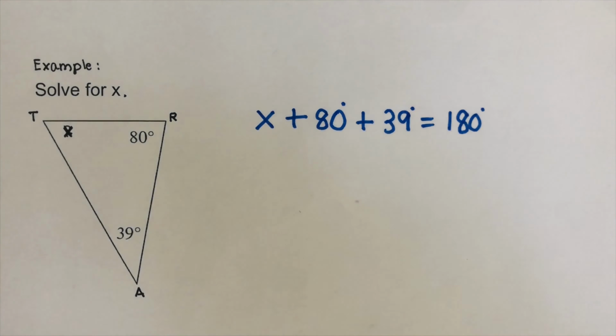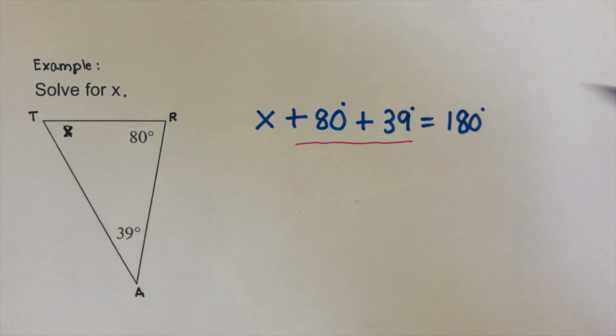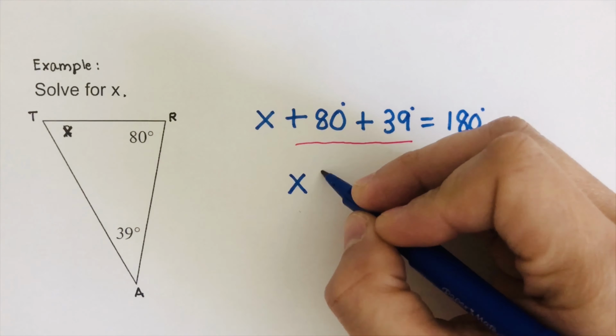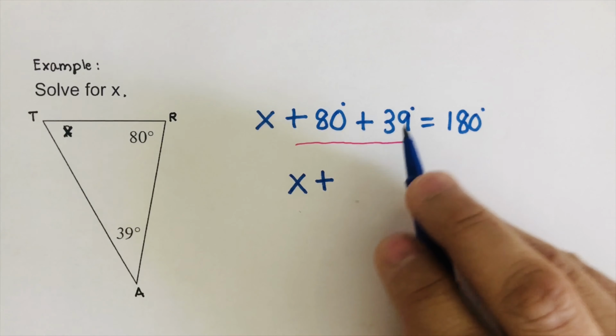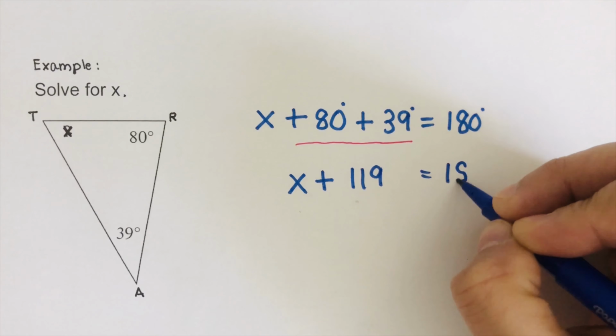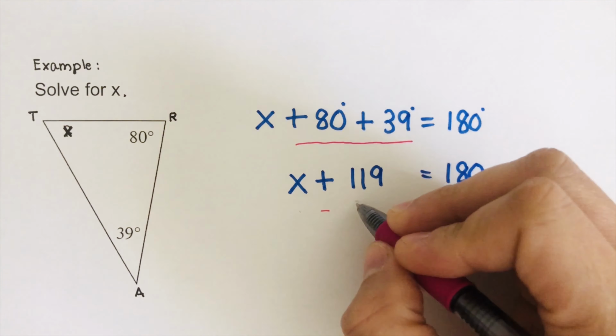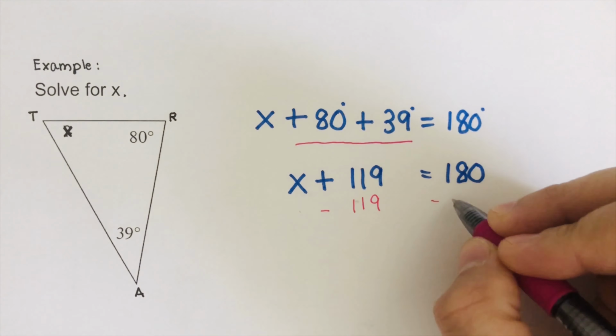The next thing we're going to do is add the constants first. So this would come out to X, and then 80 plus 39 is 119, equal to 180. We want X by itself, so we're going to subtract 119 from both sides.